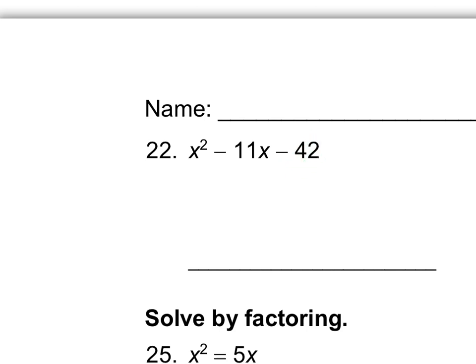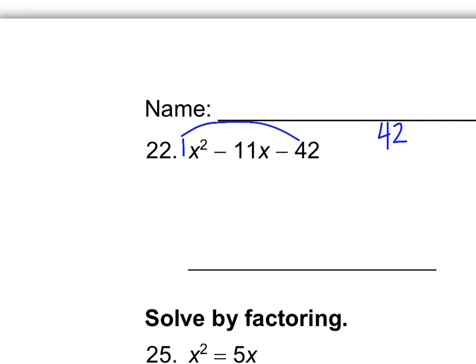So I'm going to go into 1 times 42, which is 42. Or you can check quickly. If you're that quick, you can say, what numbers multiply to be 42, but when I subtract them, I get 11.